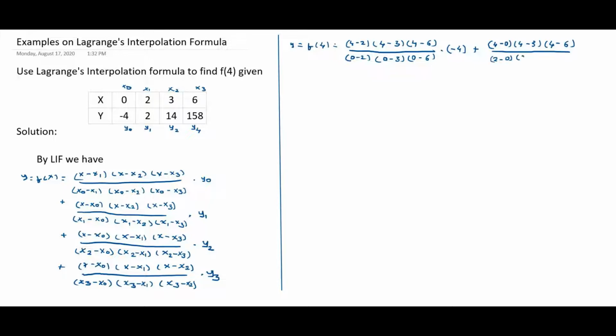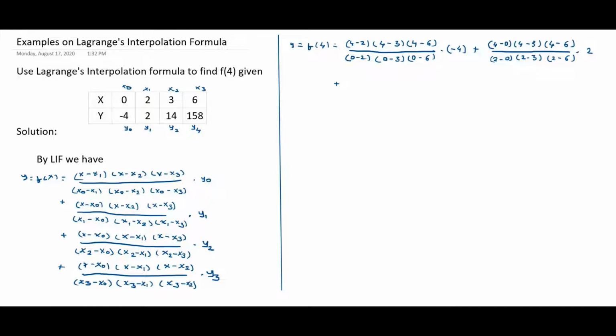Next, 2 minus 3, that is x1 minus x2. And x1 minus x3 means 2 minus 6 into y1, and y1 value from table you can write as 2 plus. Similarly, third term.